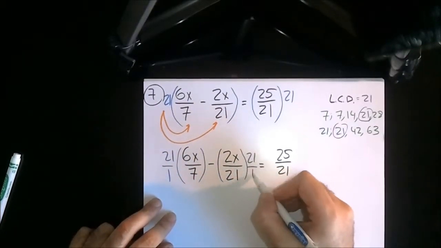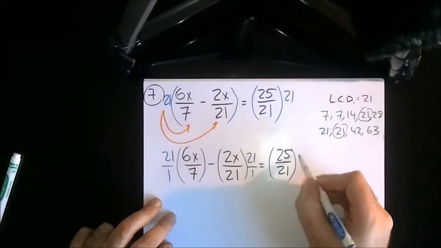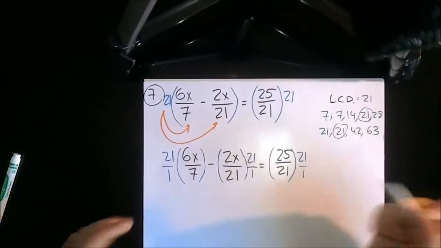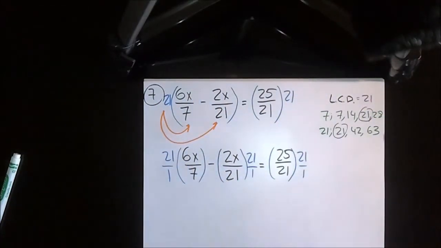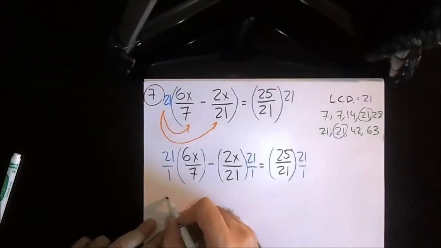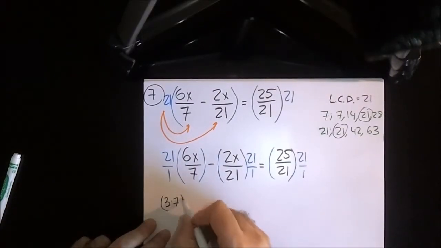Mathematically it doesn't make a difference. You can just keep the 21s where they are. Just remember that that 21 is in the numerator position, not anywhere else. It's not in the middle. Alright, then just for this problem I'm going to break up my 21, and you'll see why in just a second. So the 21 is 3 times 7.